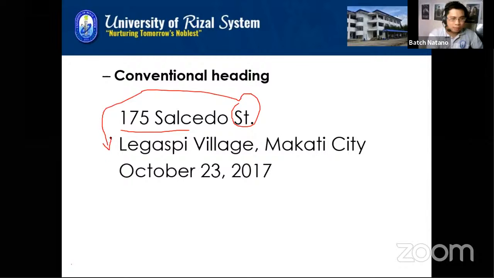Okay, that is incorrect already. Or Legazpi, and then Village on the other line. Do not do that. That is incorrect. Each line should be compact, like the street line is compact, just like the example that we showed here.